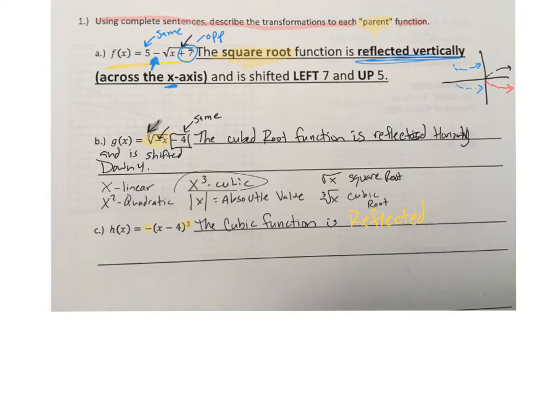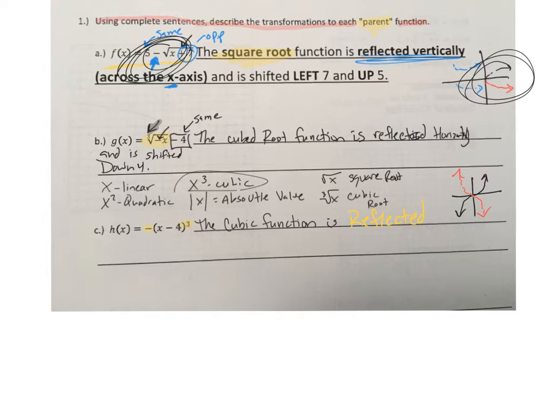And it's on the outside. So that means it's the y. So if I have a cubic function, which usually looks kind of like this, I'm going to reflect it about in the y direction, which means up and down. Just like this one up here, I reflected it up and down. I'm going to reflect this one up and down. So it's going to turn more like this.